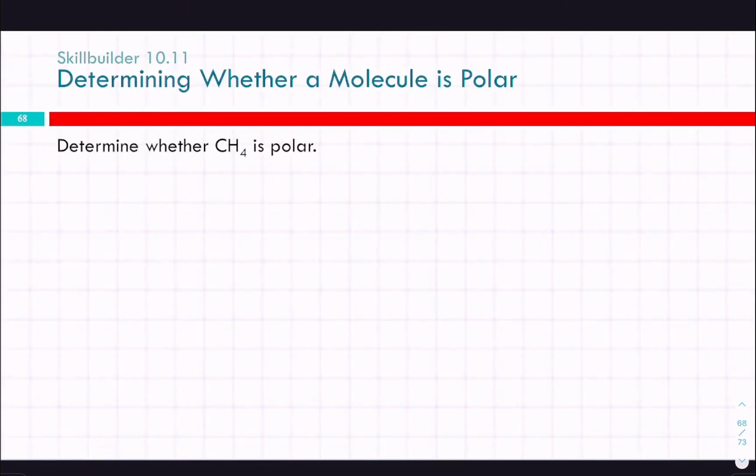So let's look, well, I just did this example, of course. So CH4, actually here, let me change this up. Let's make this oxygen. So this is no longer CH4. This is CH2O. So for this molecule, just giving you the Lewis structure here, is it polar or nonpolar?